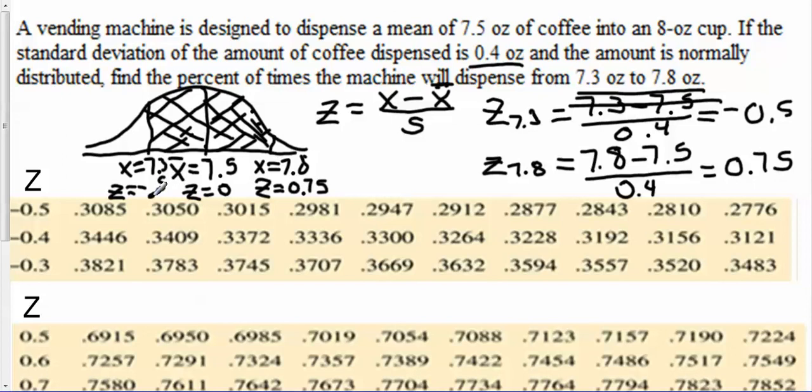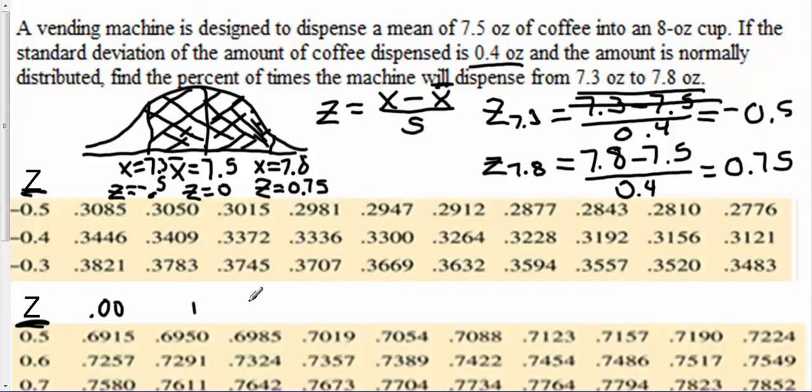Now, in order to find the shaded area, we're first going to look up the z-score to the right of z is equal to 0.75. That will be on the bottom snippet that I have there. So we go to where z's in the first column. I've labeled it already. So go to where z is equal to 0.7, 7/10. And then since we want 5/100ths, we have to go over 6 columns, because the first column would be when we have 0/100ths.